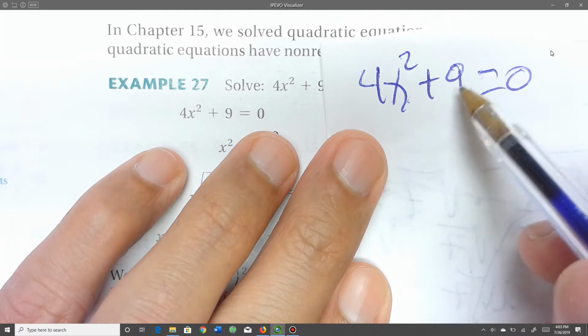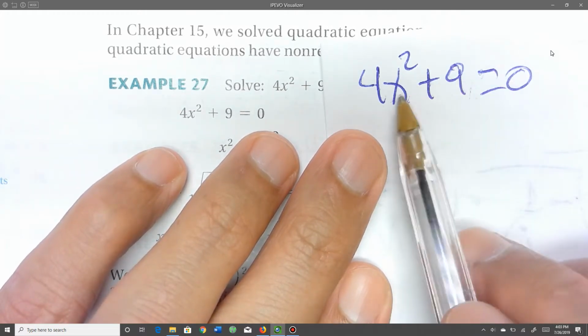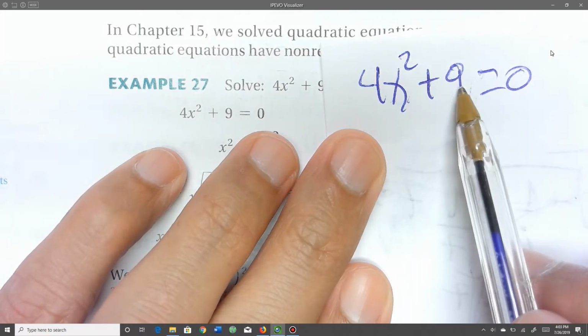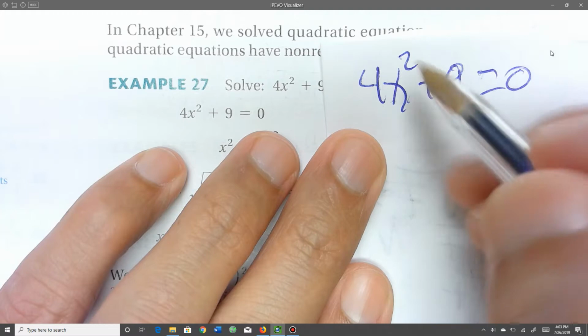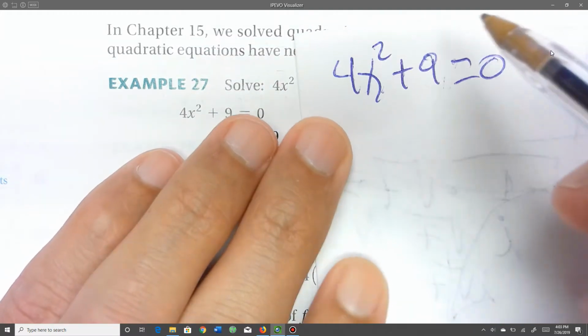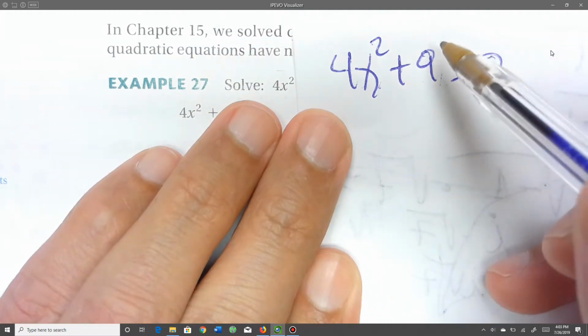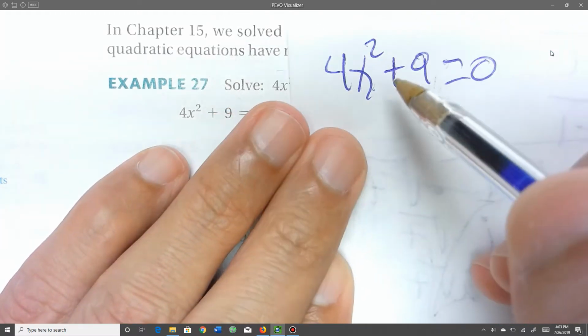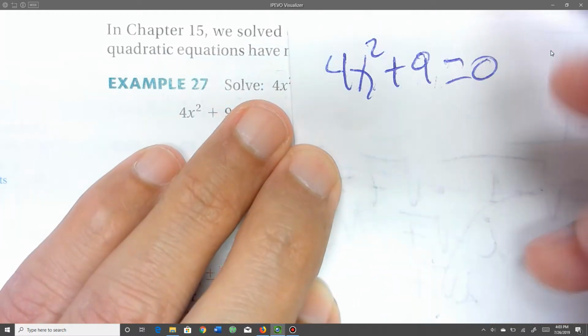So this made it simpler. Once you're missing one of the terms, either the middle one or the last one, it should be easier to solve without using any of the factoring methods we learned.